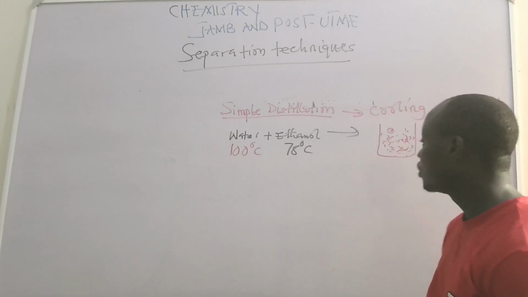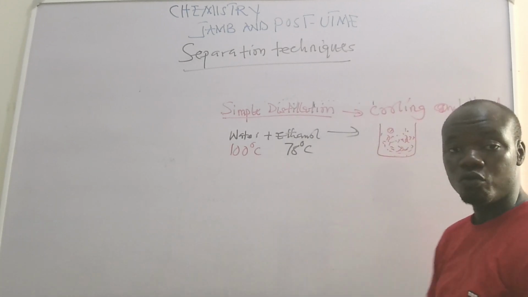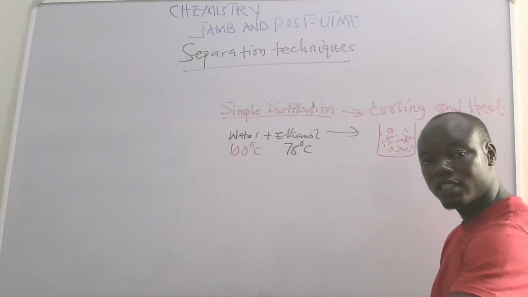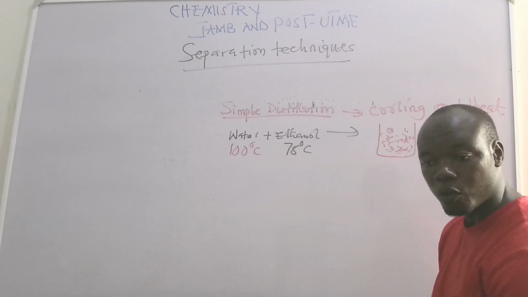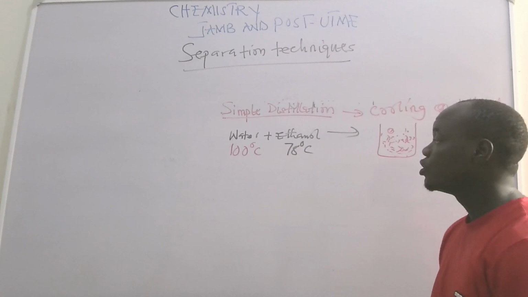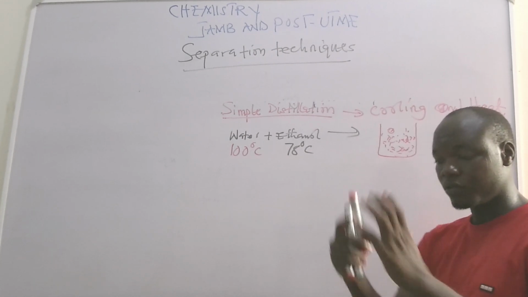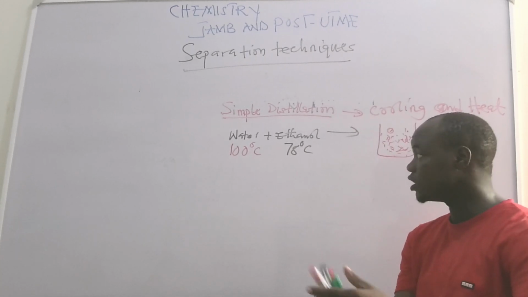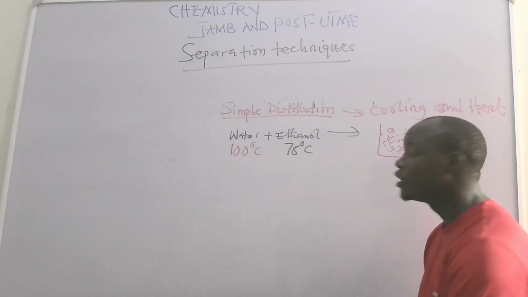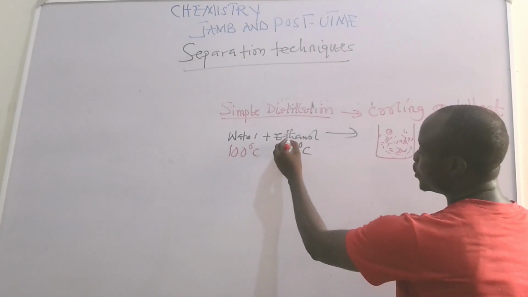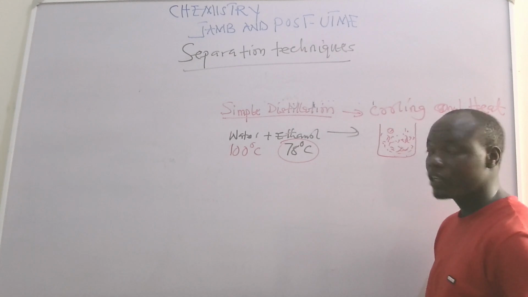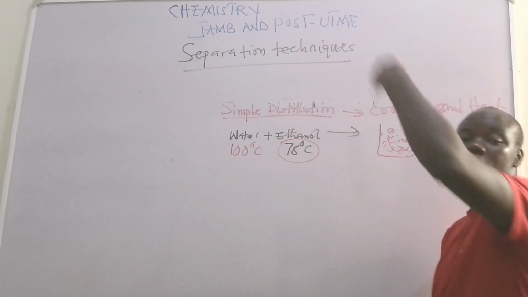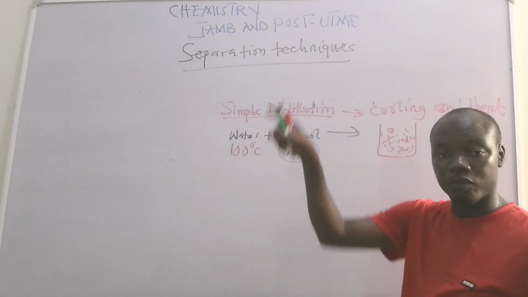In that simple distillation set-up, as I said, it exploits the use of heating and cooling. So this mixture will be put into what we call a round bottom flask, and then you heat it from the bottom. There is a thermometer which will be taking the reading of the temperature. As you are heating, once the temperature reaches 78 degrees centigrade, the ethanol will be evaporated.